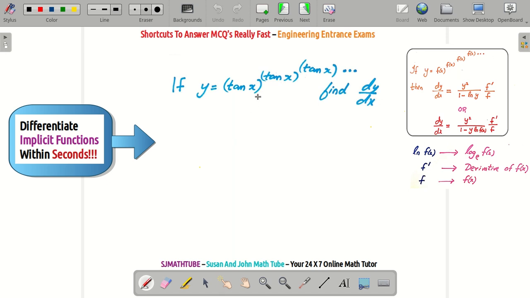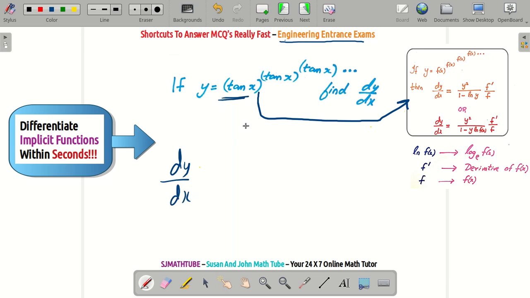But my friends, for engineering entrance exams, time is really precious. So I want you to match this with the standard pattern over here. So what will be dy by dx?